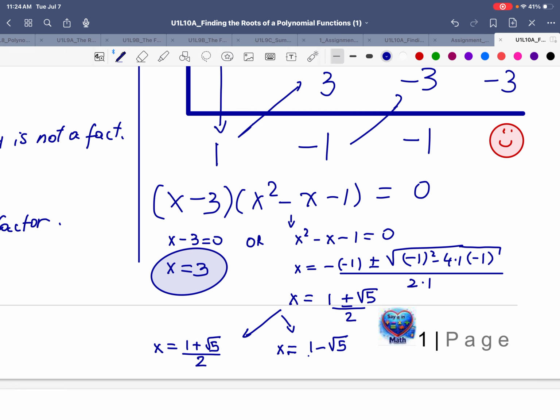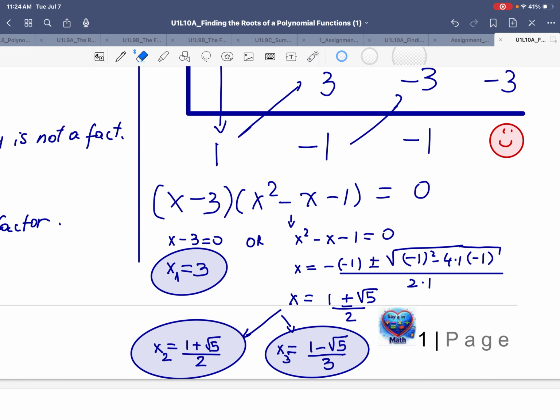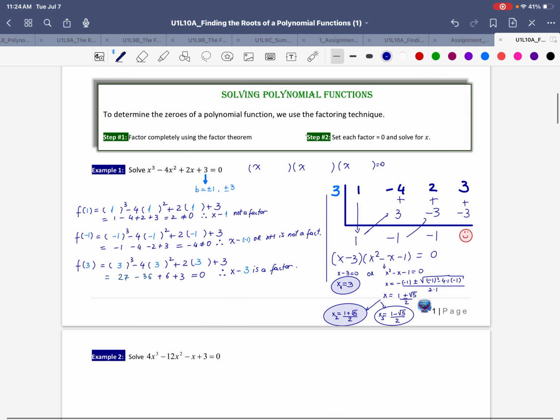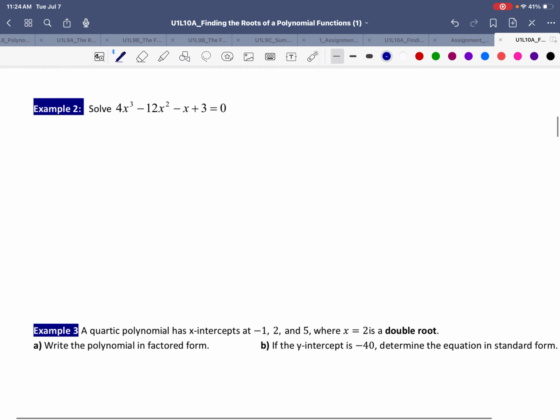So in total, we got 3 roots. So x1 equals 3, x2 equals 1 plus root 5 divided by 2, and x3 is equal to 1 minus root 5 divided by 2. I said by 2. Okay, that's a lapsus.